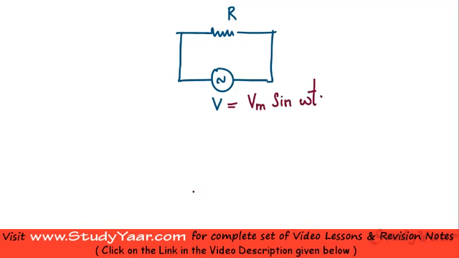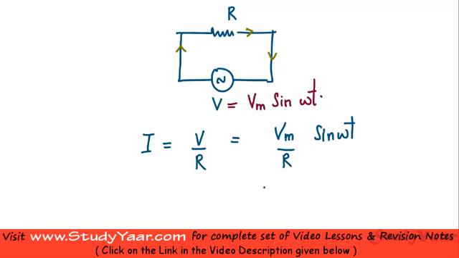Obviously the current which flows in this circuit is simply going to be V upon R, which is Vm upon R sine omega t, which is, let's say this is Im, Im sine omega t. That's the expression for current in a purely resistive circuit.